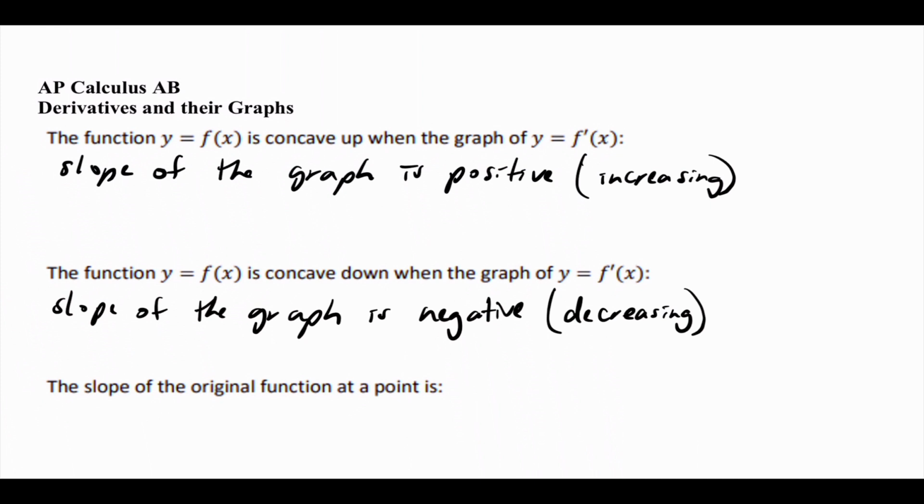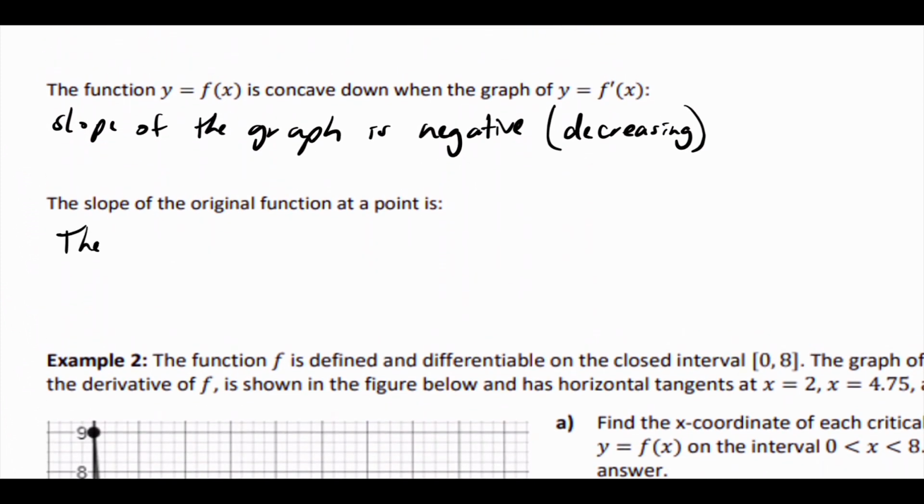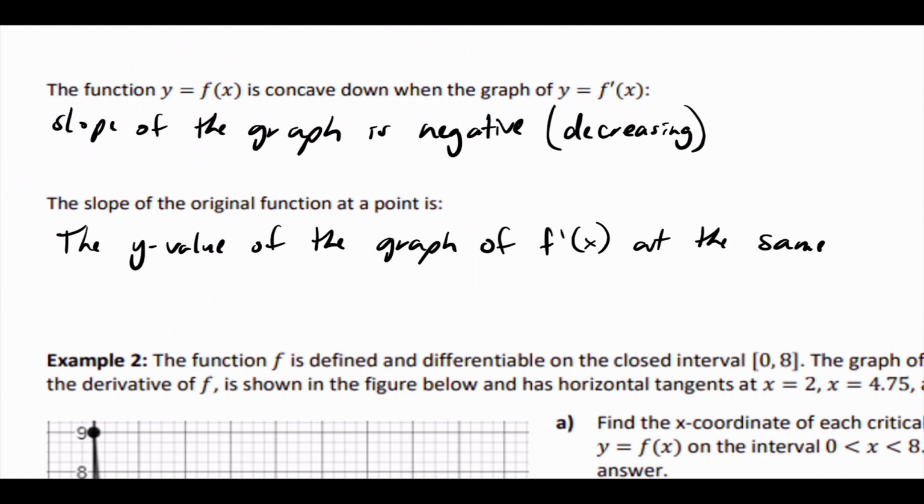Okay? So last thing, slope of the original. The slope of the original is the y value of the graph of f prime at the same x value.